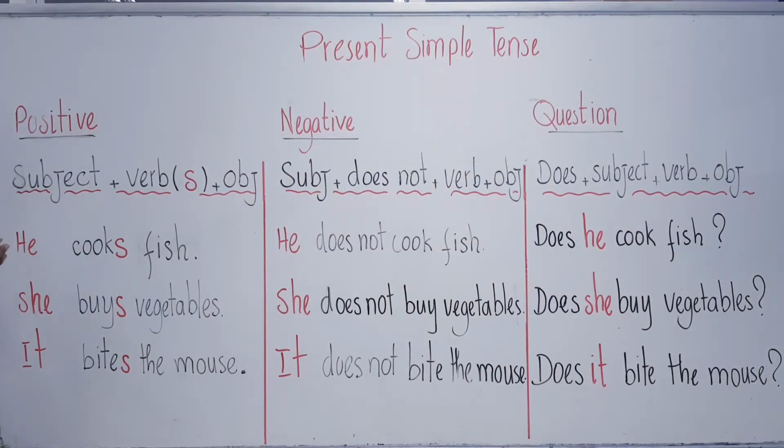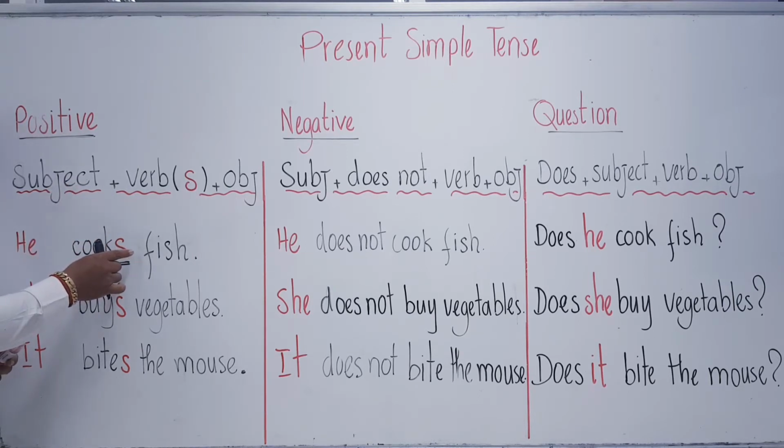Now, let's have a look at the example. He cooks fish. So why do we have S here? The thing is that when we use the third person singular, we normally add S to the base form of the verb, but we use it only in the affirmative or positive form.